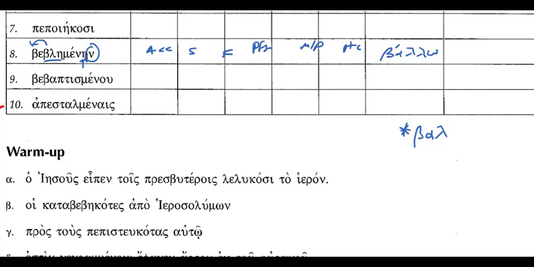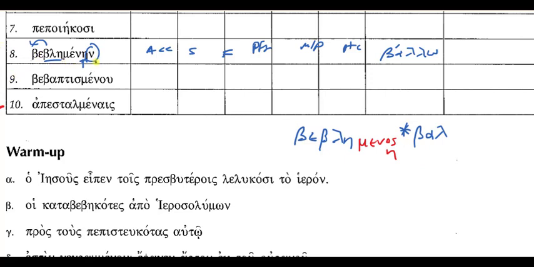What I want to remind you of then is if you take that perfect middle passive form, beblemai, you could predict what the participle is going to be by doing what? Well, you keep the reduplication, but you drop the personal ending, and then you add the participle morpheme, right? Bebleme, menos, mene. Okay? And that's what we're looking at.